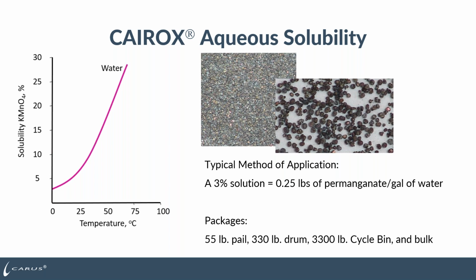There's also a technical grade that has less of the free-flow additive, but we recommend that if you're going to use the container all at once and not through a continuous feed system. If you are looking for a Carus potassium permanganate system, we do have an equipment partner in UGSI that you can find online, or you can call us and we'll direct you to them, where you can purchase feed equipment for the dry permanganate as well.